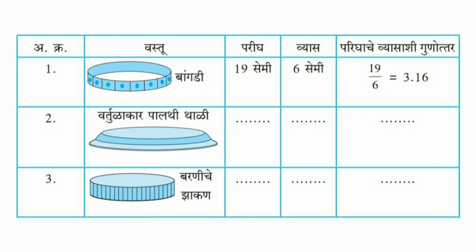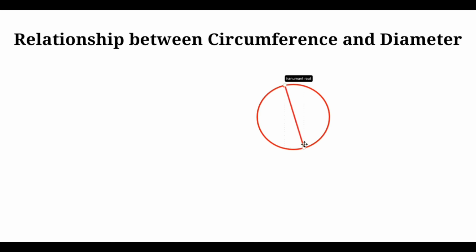And that 3.14 is the constant ratio. It is called the value of pi. The relation between circumference and diameter is always constant, and it is called pi.